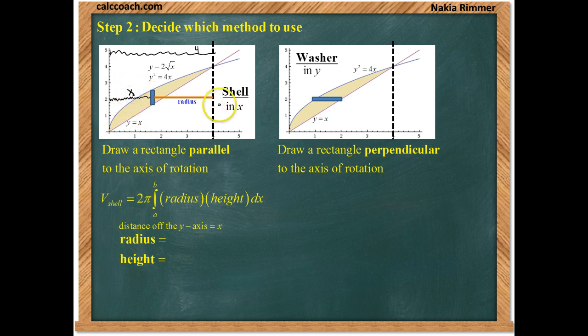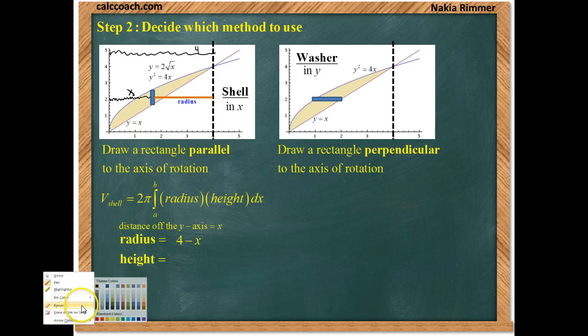That's called x, and since we're in x, we leave it as an x. So this radius would be 4 minus x. Great, well, what about the height?